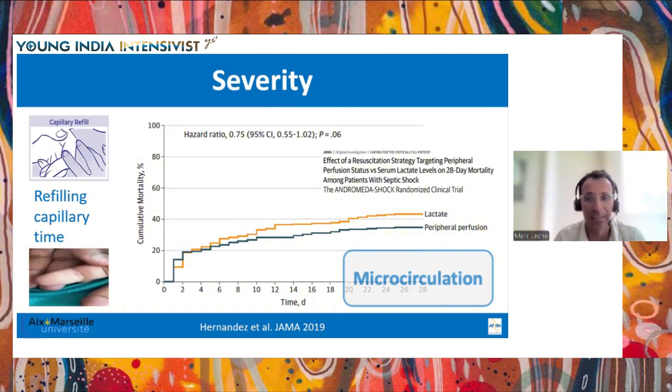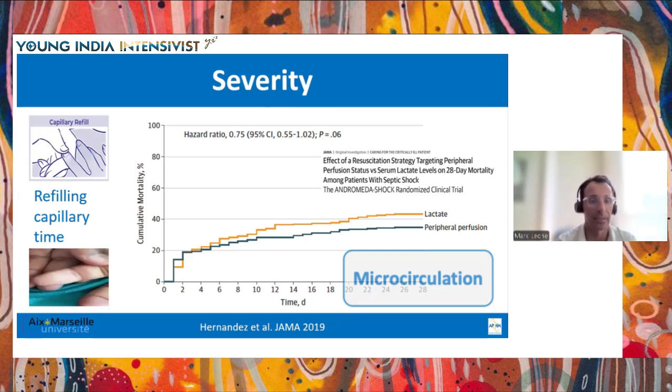The last thing in terms of severity, which is really great, is the capillary refill time. I know you know the ANDROMEDA-SHOCK study performed by the group of Glenn Hernandez from Chile. That's an international study. We are now waiting for the ANDROMEDA-2 RCT.